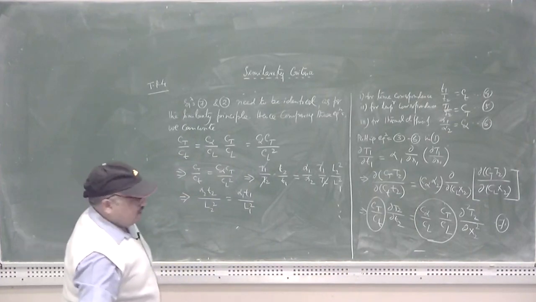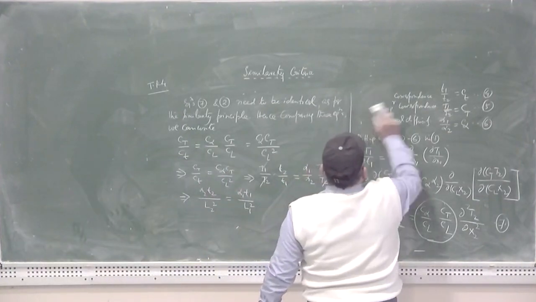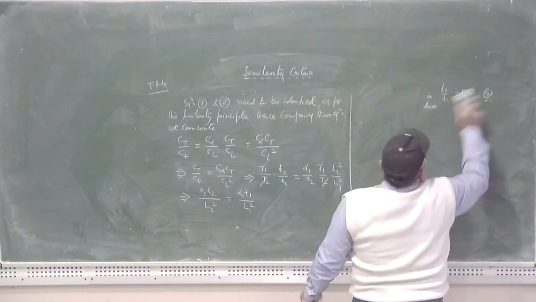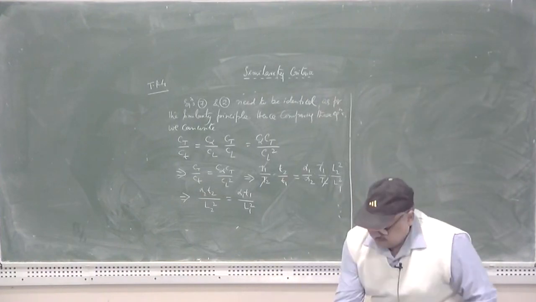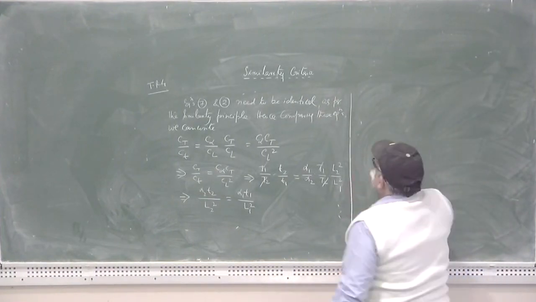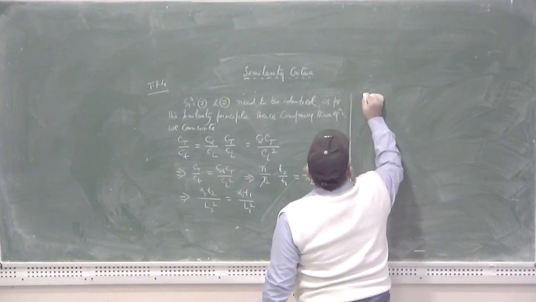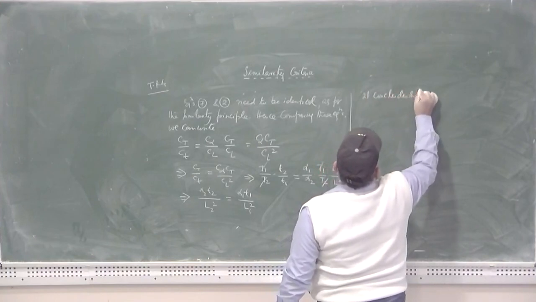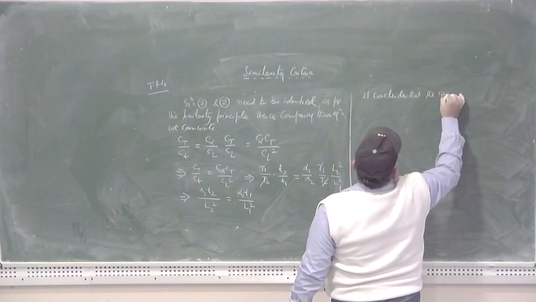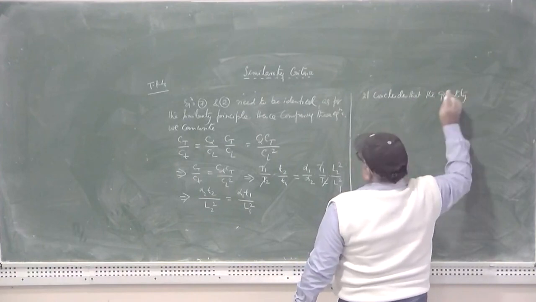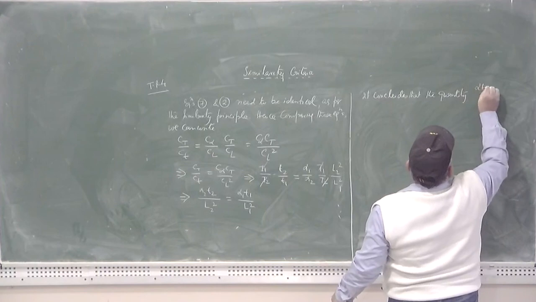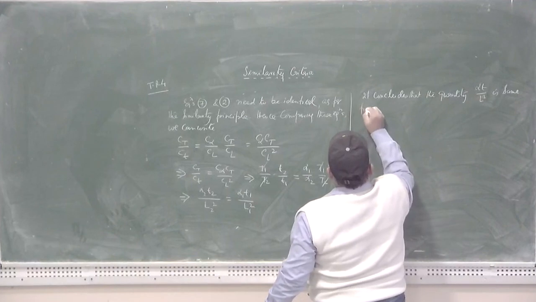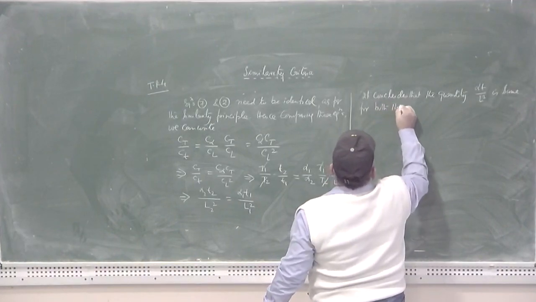So it concludes that the quantity alpha t by L squared is the same for both the systems.